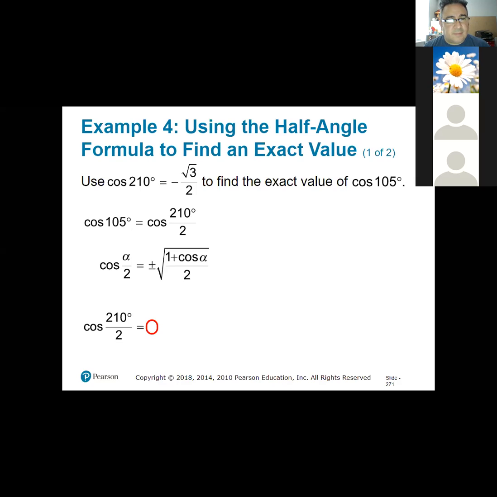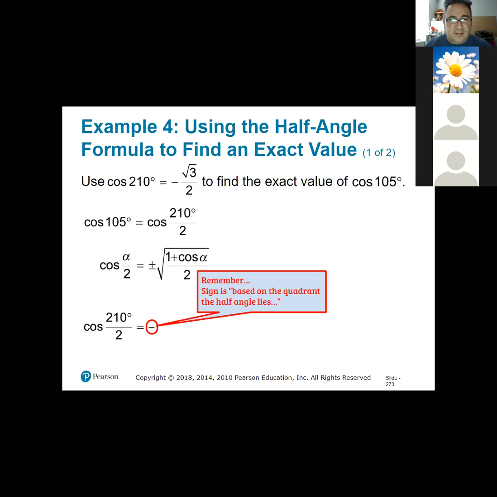I think it's a minus. It's a negative. Why is it a negative? Because it's in the third quadrant. 210 lies in the third quadrant, but we're not worried about alpha. We want alpha over 2, right? We want alpha over 2. Alpha over 2 is equal to what? How many degrees?